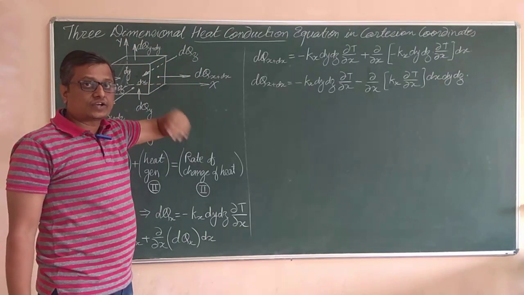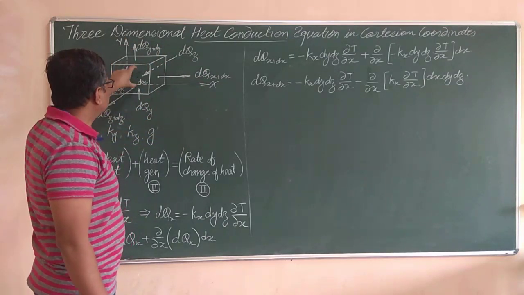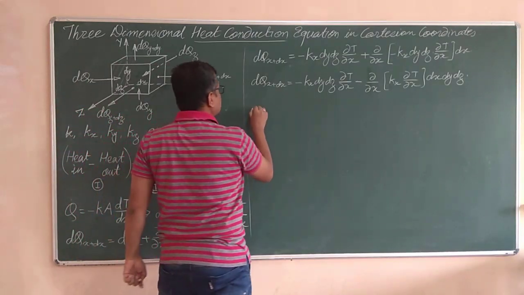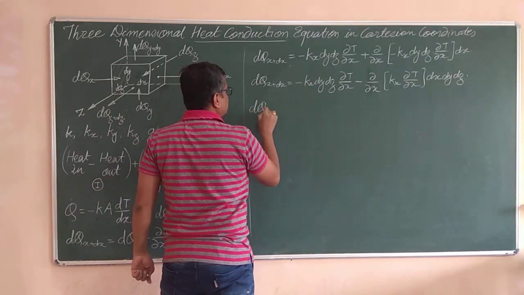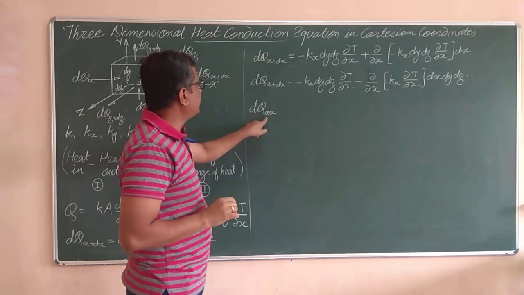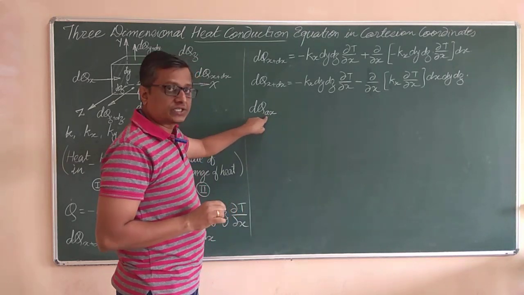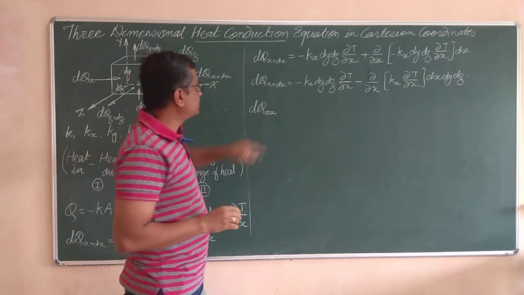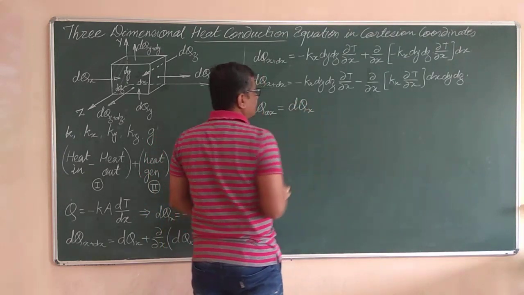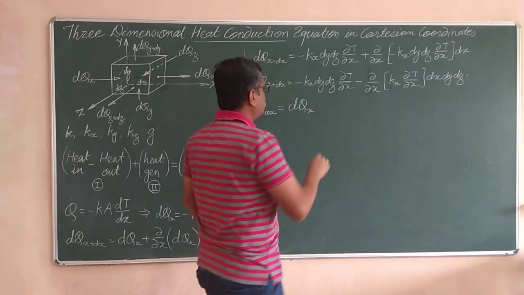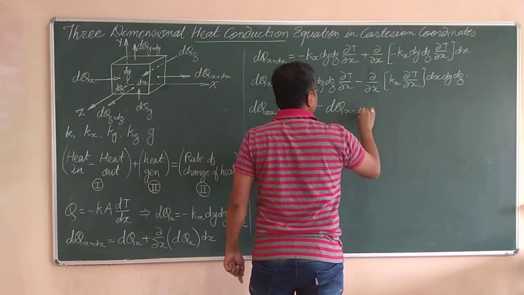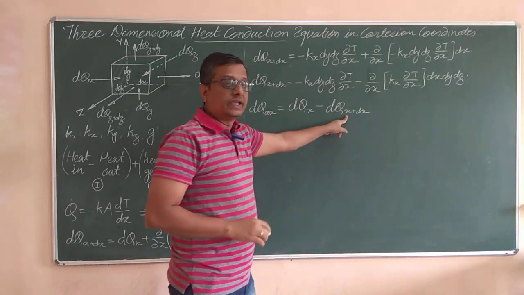So the net rate of accumulation of heat in this element due to the heat flow in x direction, dqax, will be equal to dqx, the heat flowing into the element in x direction, minus dq(x+dx), the heat flowing out of that element in x direction.